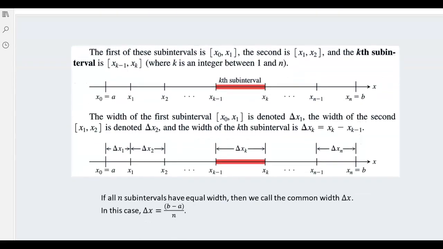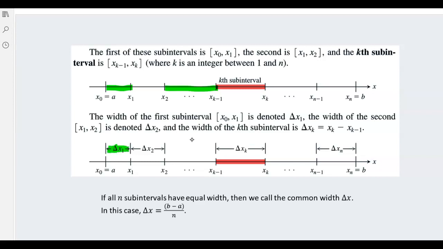This is just emphasizing what I said again. At any particular point, we'll call it the kth interval somewhere. But notice that each of the widths of these intervals are not necessarily the same. We're using the Greek letter delta to indicate the change between two x values.